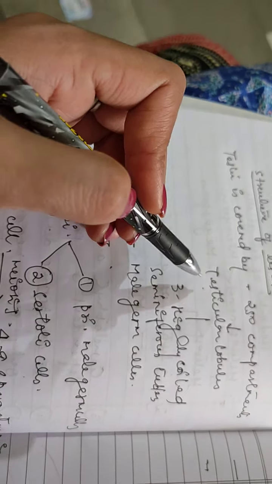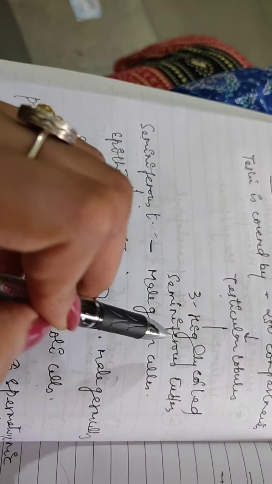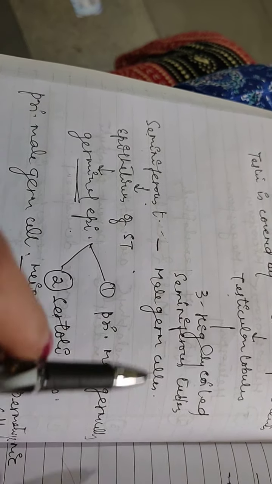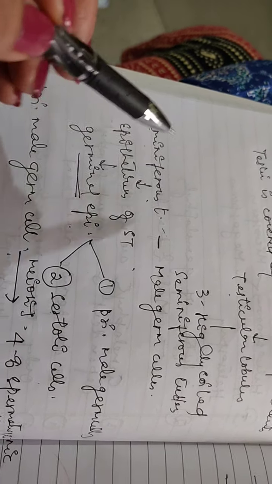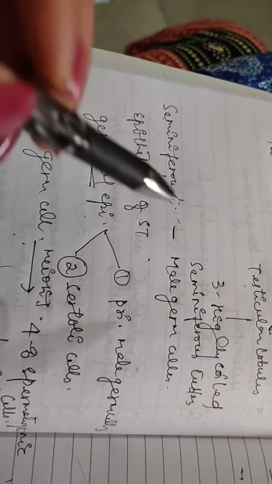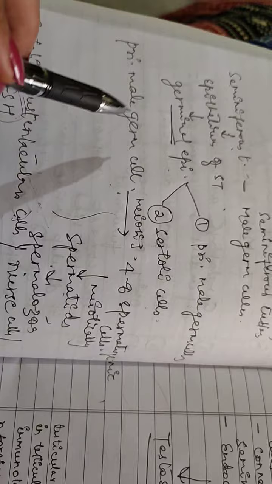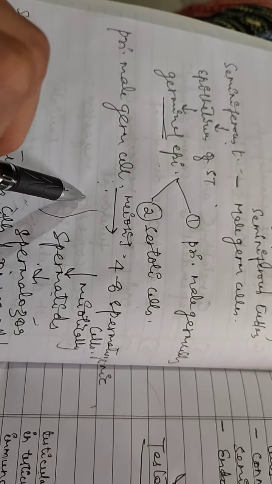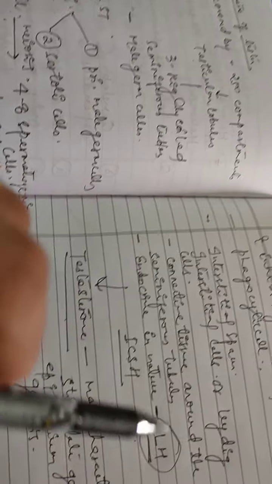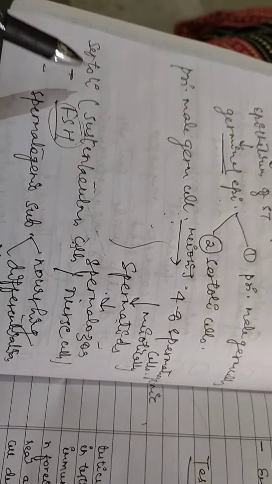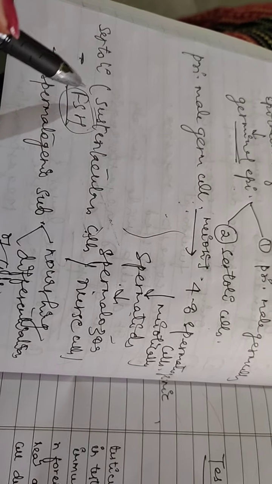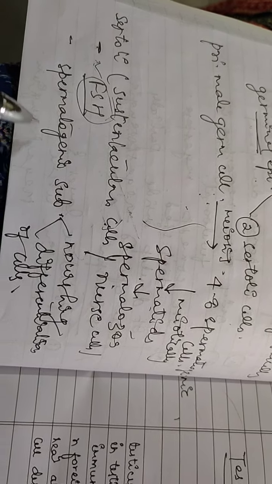The testis is covered by testicular lobules, which have seminiferous tubules. Seminiferous tubules have an epithelial lining, or germinal epithelium, with two types of cells: primary male germ cells and Sertoli cells. Primary male germ cells, under the stimulation of testosterone, produce spermatozoa, and Sertoli cells work under the influence of FSH and help in nursing and differentiation of cells.